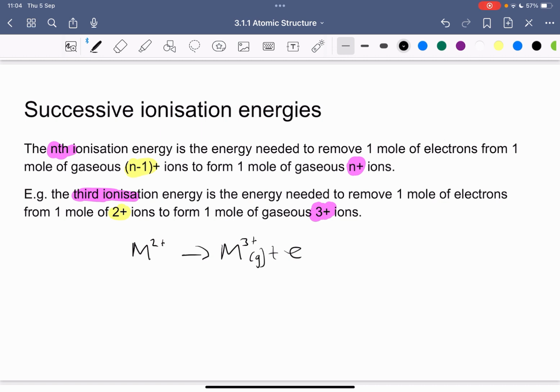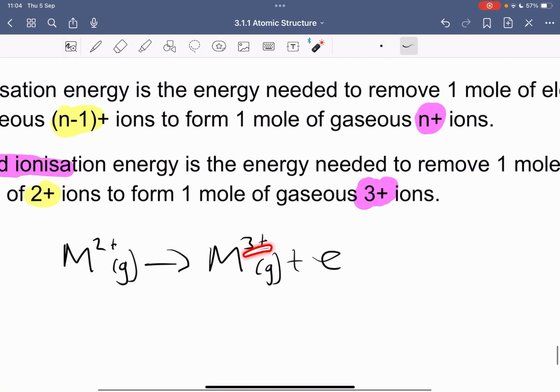Okay, and we're in the gas state, always. So essentially, whatever ionization energy it is, that is the charge you're forming. Since this is the third ionization energy, we're forming a +3.